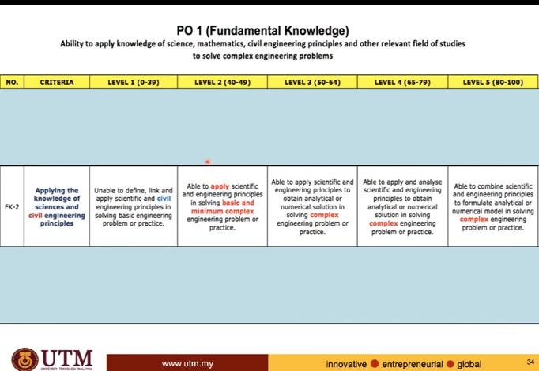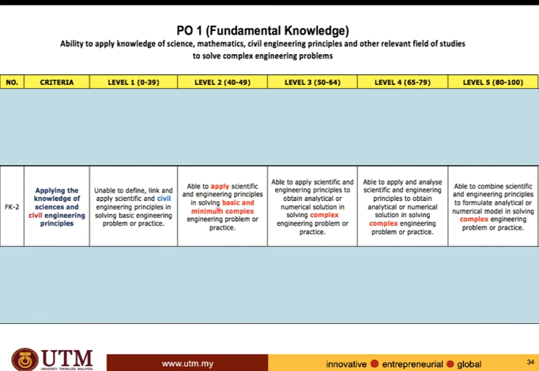In this case, this is only specific to applying knowledge of civil engineering principles. I'm just taking this part of the outcomes, and to address this part of the outcomes, this will be what we call the performance indicator.